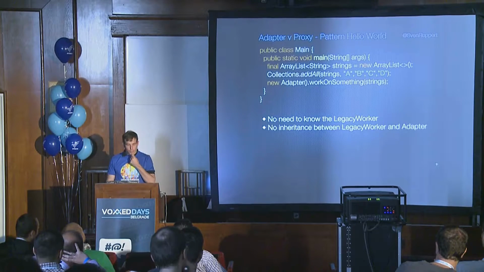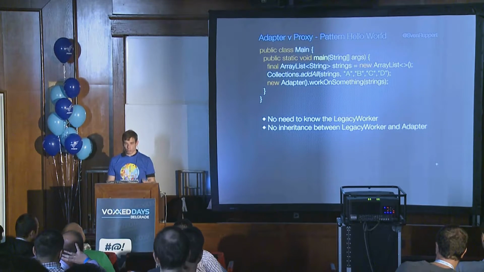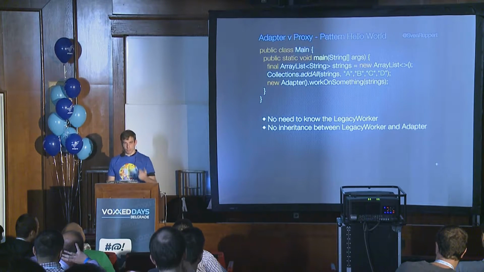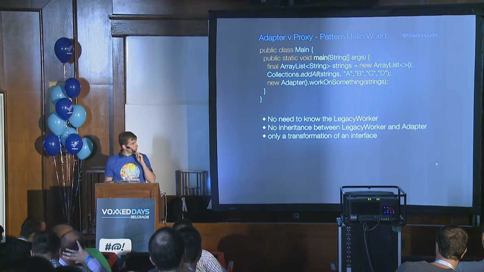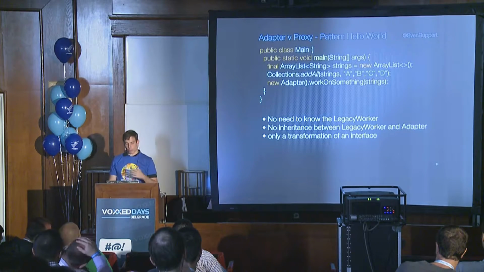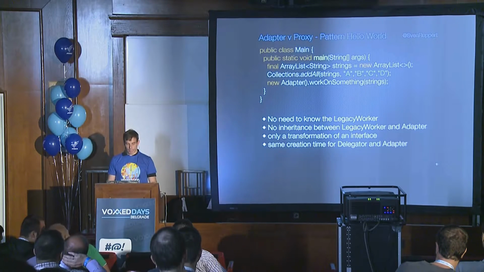And you have no inheritance between the legacy worker and the adapter. That means all code with instanceof and all this stuff will break, so you mostly have to change a lot of stuff. Please use an adapter like an adapter, only for transformation of the signature. That's all. Okay, same creation time between delegator and adapter.